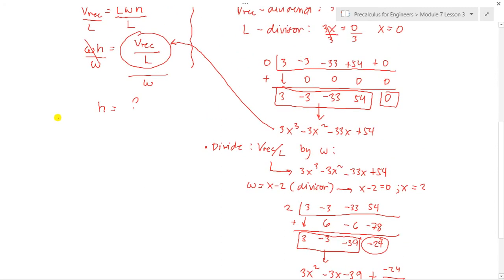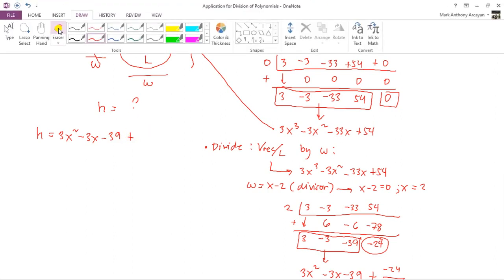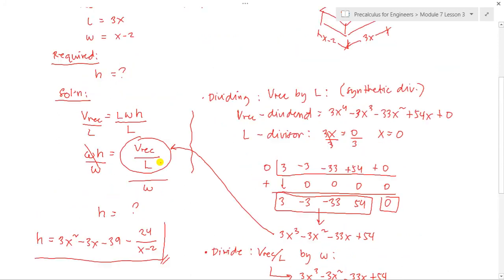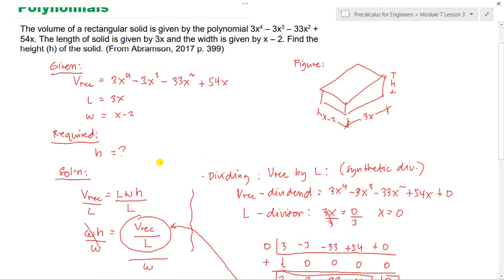So our height is equal to 3x squared minus 3x minus 39 minus 24 all over x minus 2. This is the function for the height of this rectangular solid.